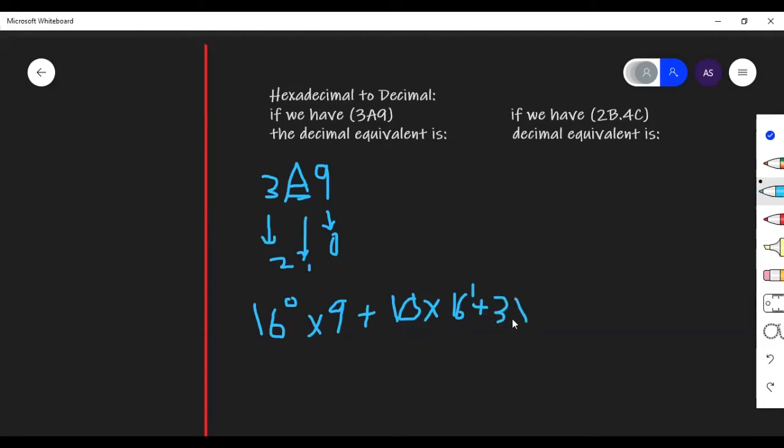So now we just do math. 16 to the power 0 is 1, so it will be 9 plus 160 plus 3 times 256. I just have to do the calculations here.